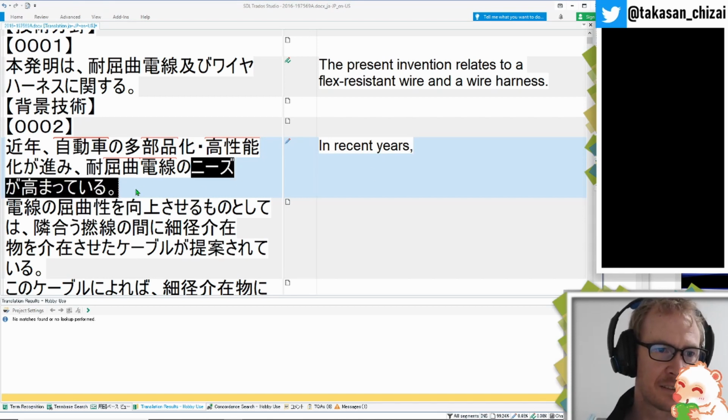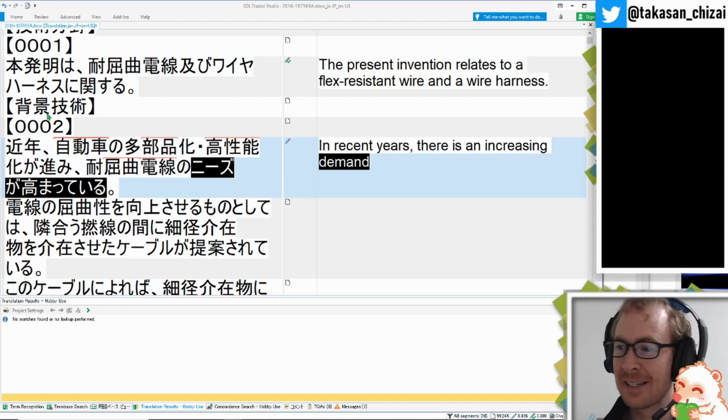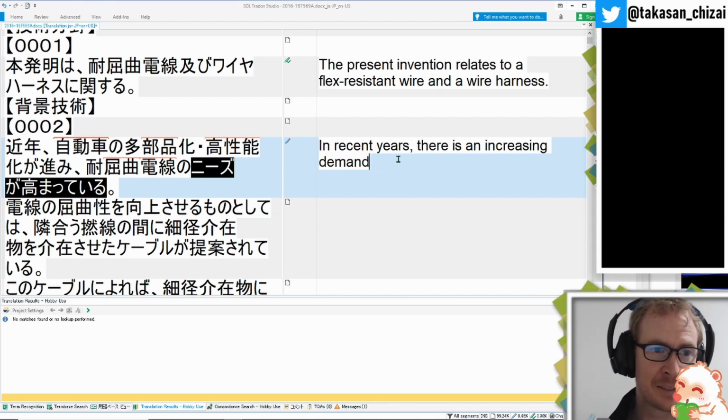And usually here, even though it might not be constructed in this way, I usually like to use demand. There is an increasing demand. This is like a key word for in the background art. You can usually always change a sentence to fit this pattern.